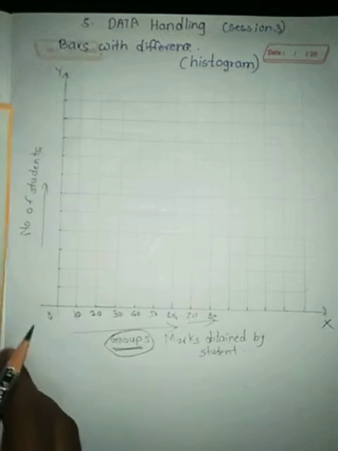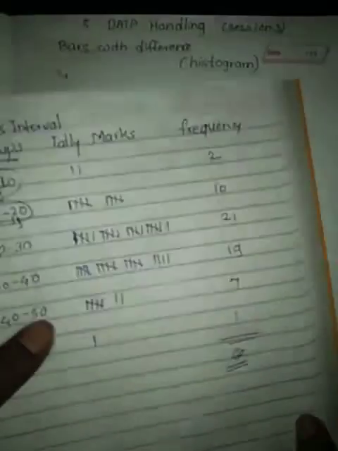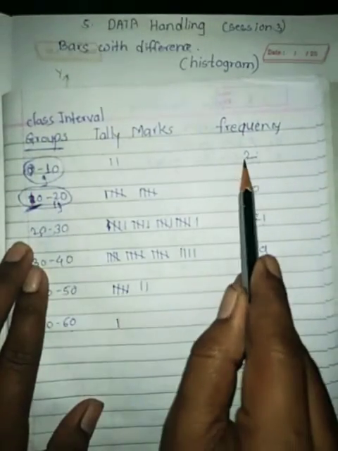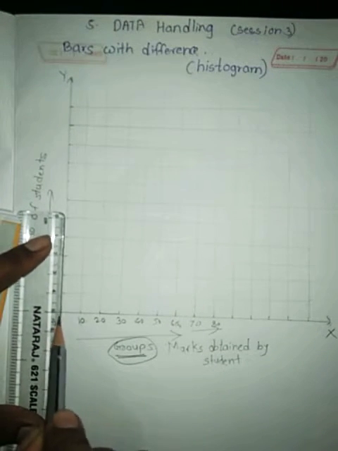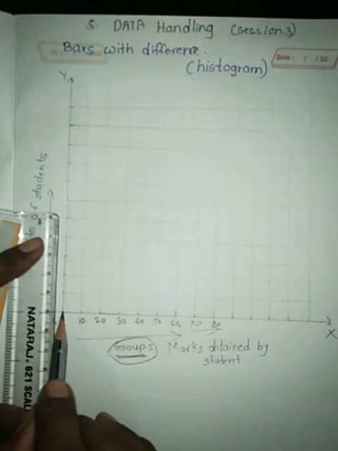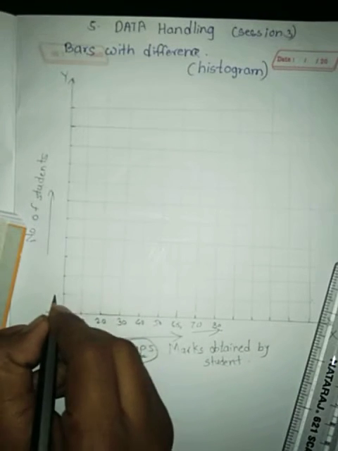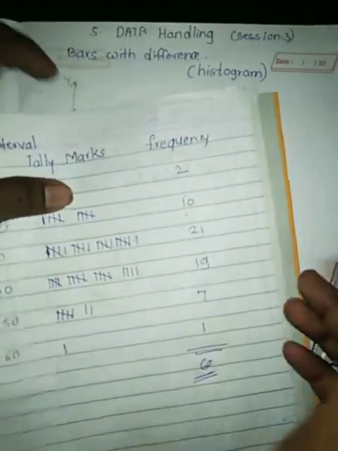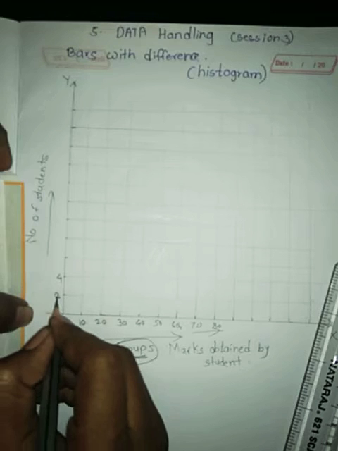Now see, this is the frequency distribution table. For 0 to 10, 2 students are there, so 2 students obtained marks from 0 to 10. Now we have to choose the scale for the frequency, like 1, 2, 3, 4, but since the highest is 21, that is not possible, so I am taking 2.